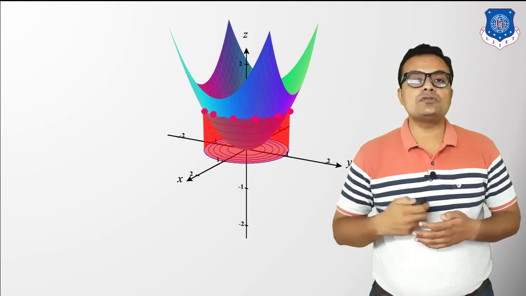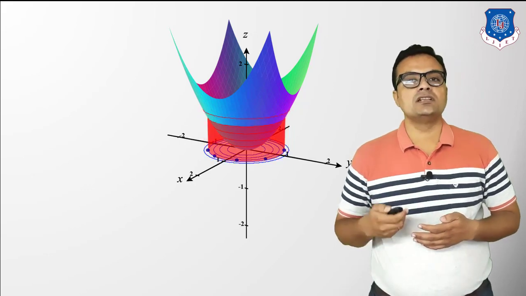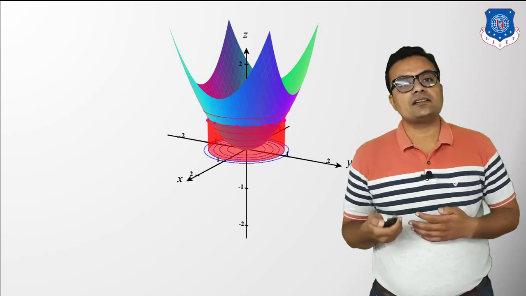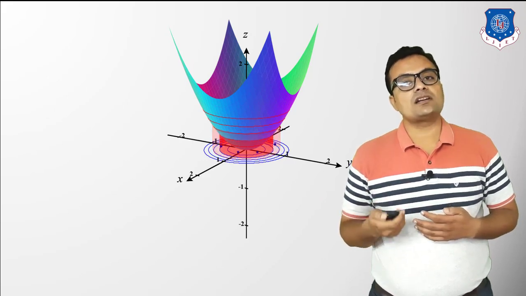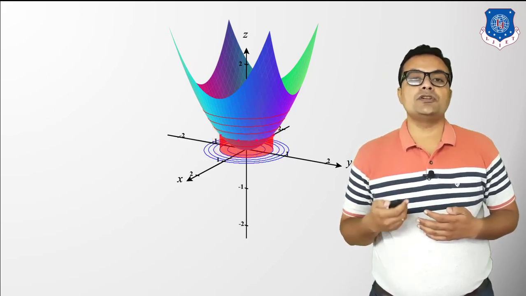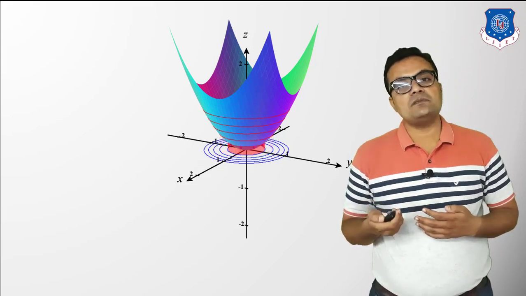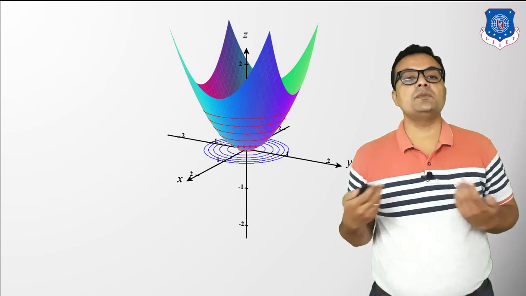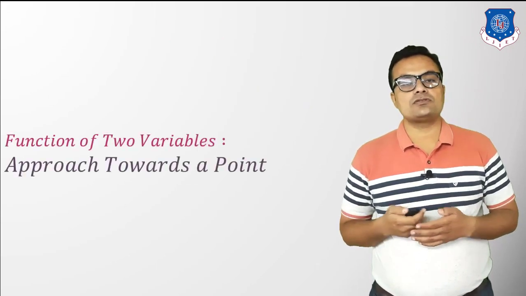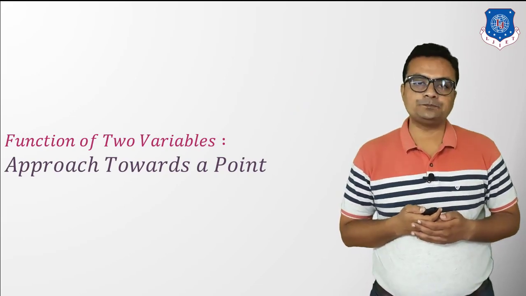So this is how inputs go from the xy plane to the z dimension. In a similar way, you can see on all the different circles, the points are jumping from the xy plane to the surface. If we consider the same structure for all the different circles, ultimately it will give me a surface. So this is how the construction of a function of two variables is done.